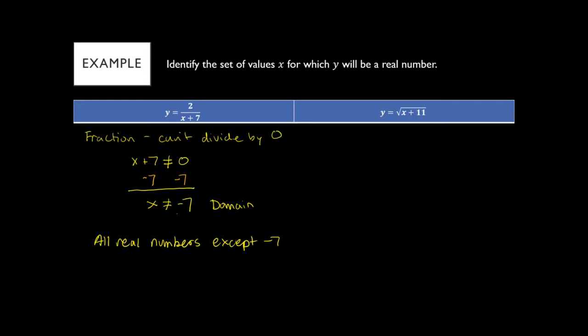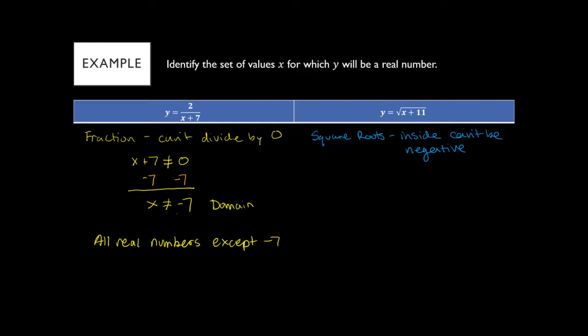Now the equation on the right is a square root equation. We have y equals the square root of x plus 11. What we know about square roots is that the inside can't be negative, because if you take the square root of a negative, you end up with complex and imaginary numbers, and we can't graph those.